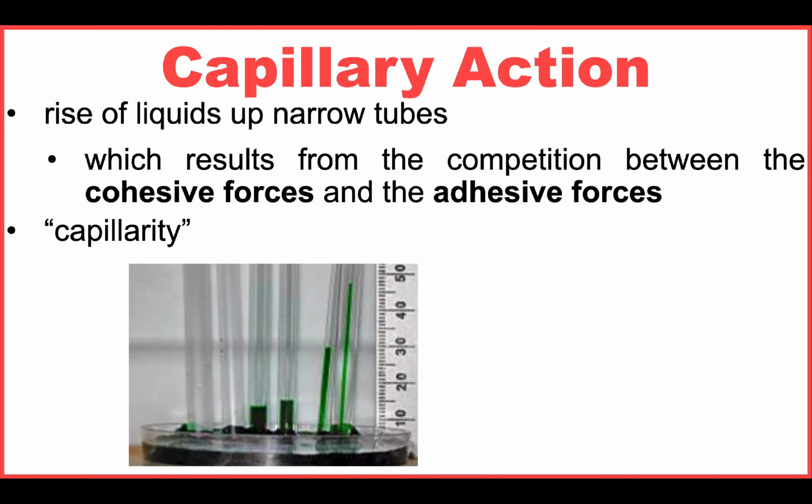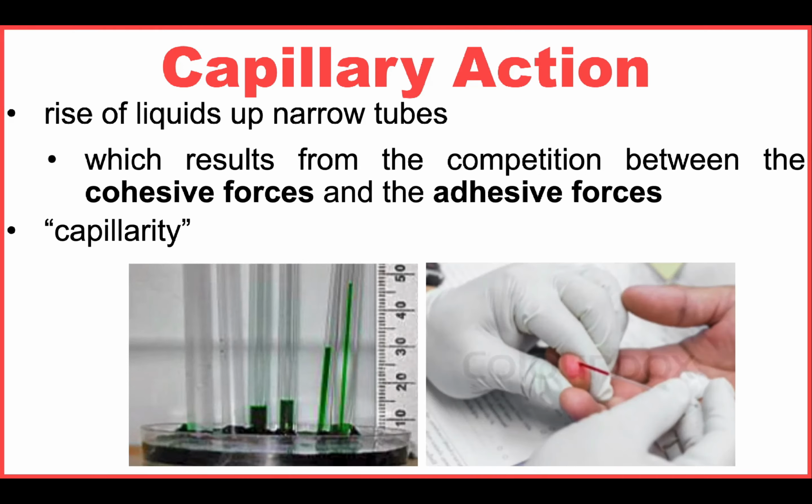Glasses are made up of silicon dioxide, right? As you can see here in this figure, the wider the tube, the less the water molecules adhere to the wall. But here, as you narrow it, the water rises up. Another example is when a doctor takes a blood sample from a patient's finger.